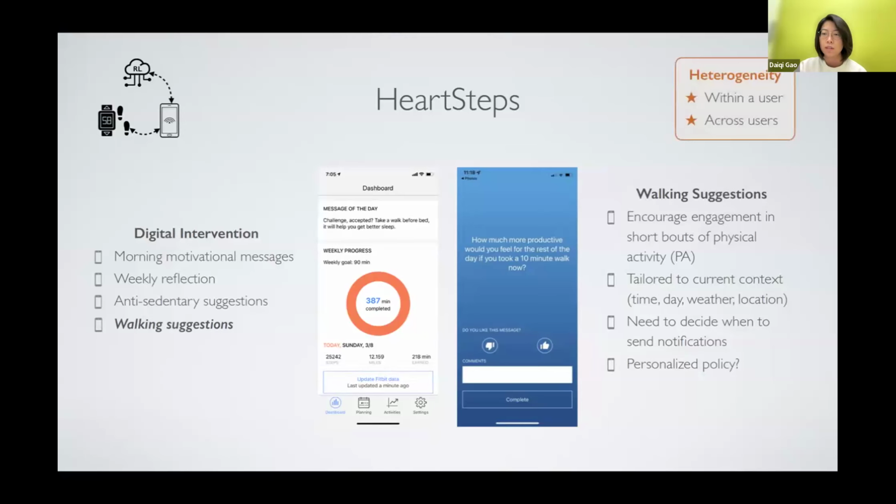So such a policy can handle the heterogeneity within a user across time. But to handle the heterogeneity across users, we need to develop a personalized policy for each user. And that's why we need to use online reinforcement learning to sequentially update the personalized policy based on the accumulating data of each specific user.